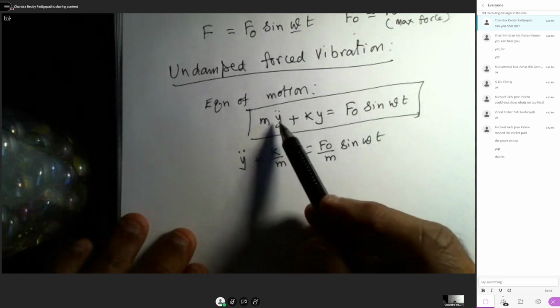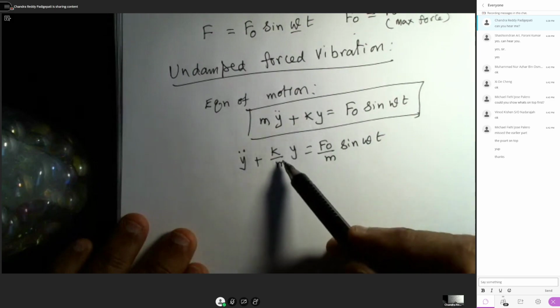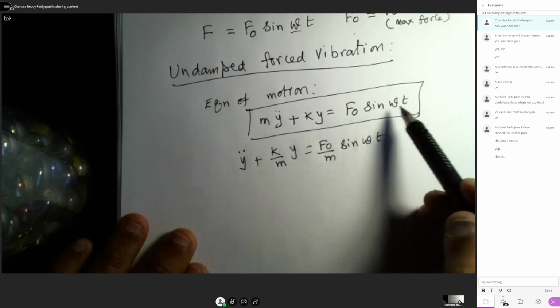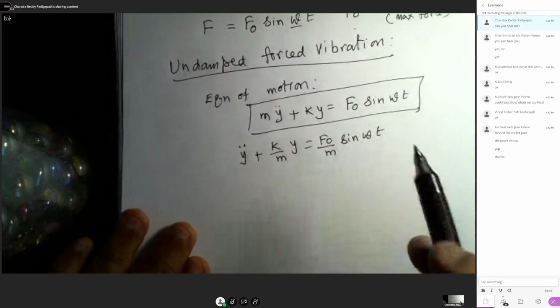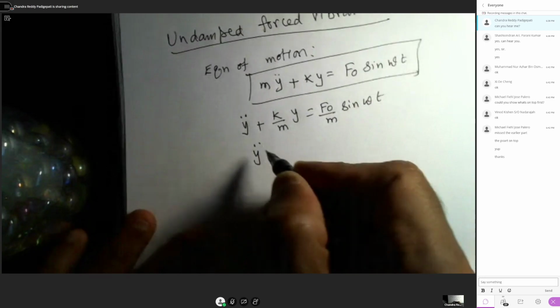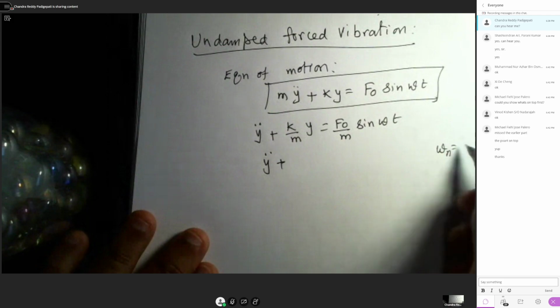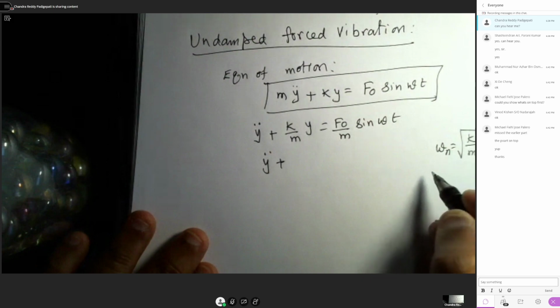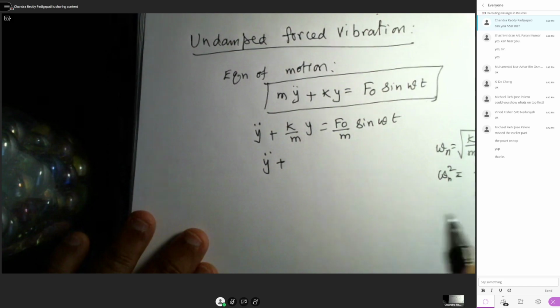So the first term, m gets cancelled, so you have y double dot. The second term, k by m into y. The right-hand side you have F naught over m. Now we can also write this as y double dot. For k by m, we know omega n is the natural frequency, the square root of k by m. Therefore, omega n square is simply k over m.